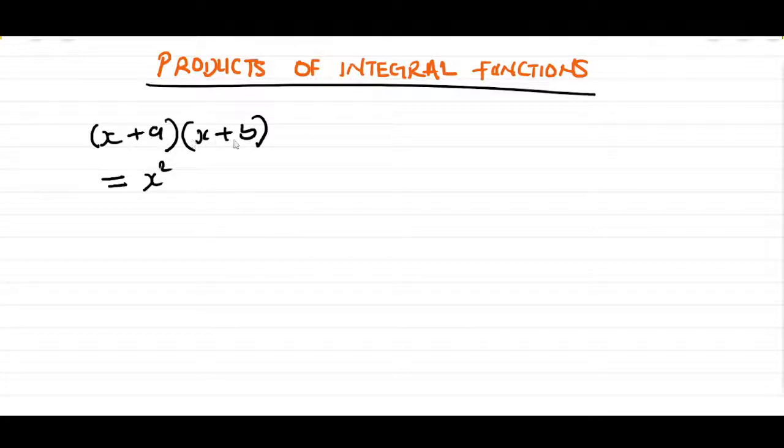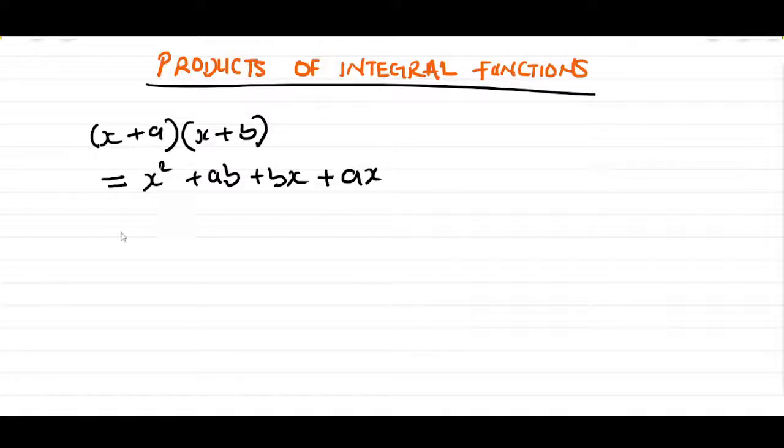Of course, we will still have ab. But the other things missing are that x has to combine with b and a has to combine with x, so we should get something like bx plus ax.